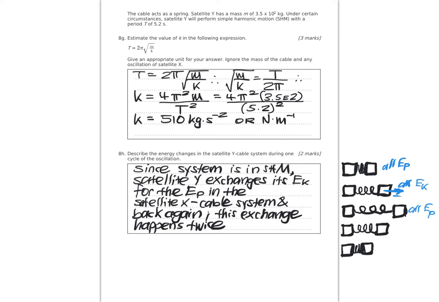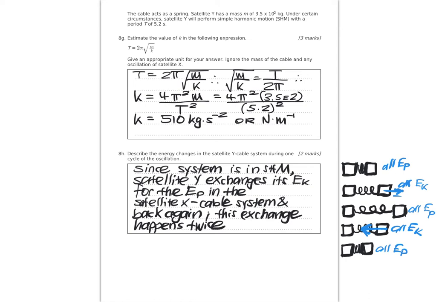Now that maximum stretch spring is going to pull satellite Y back, and that gives it a velocity going inwards, to the left in this case, the way I'm drawing it, and it's all kinetic energy again. And then finally, all of that kinetic energy compresses the spring, and becomes all potential energy once again.